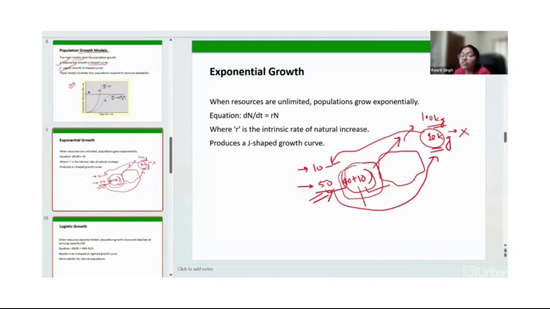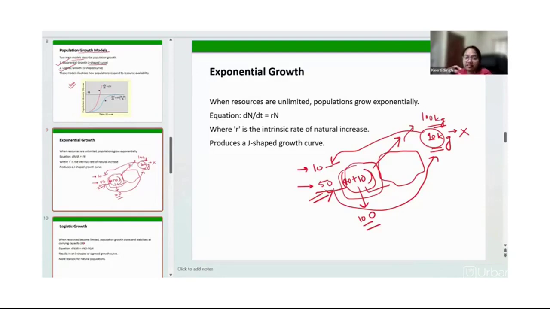Maybe this population will reach 200, right? So it all depends upon the resources. If the resources are present in an unlimited amount, of course the population will expand exponentially, right?